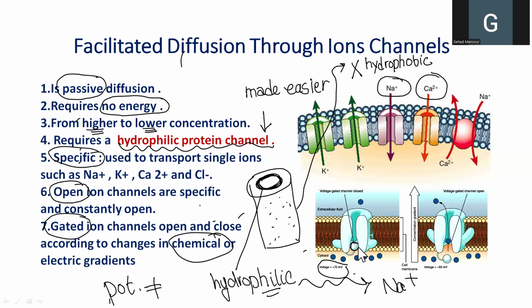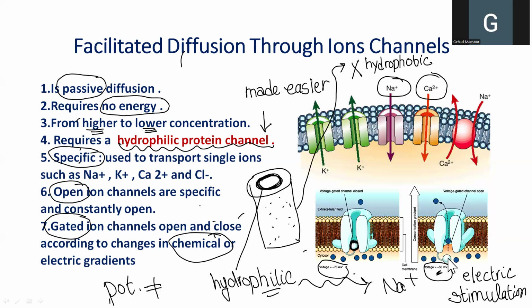So we have a small protein molecule that closes the channel. But when the voltage changes, for example after electric stimulation, when a nerve cell undergoes electric stimulation, we will see that the voltage, instead of being minus 70 millivolts, starts to diminish and become minus 60 millivolts, diminishing in its absolute value.